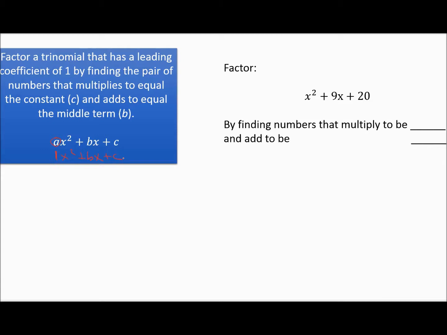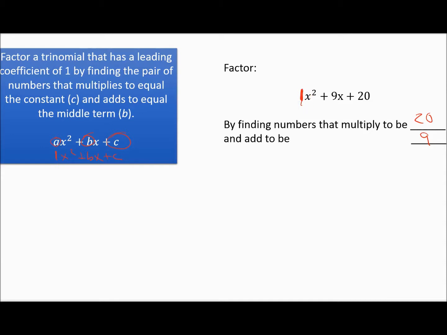Now it says, you do that by finding the pair of numbers that multiplies to equal the constant, that's the last number in line c, and adds to be the middle term, b, or the middle term coefficient, b. Okay? So look, in our problem, we're trying to find numbers that multiply to be 20 and add to be 9. And again, you only do this when you have a leading coefficient of 1, and we do.